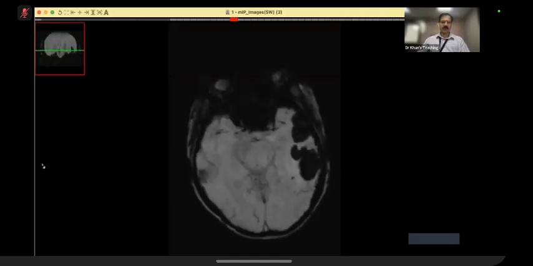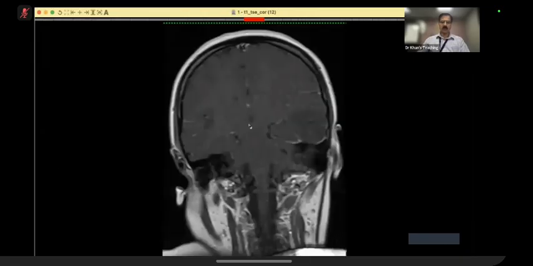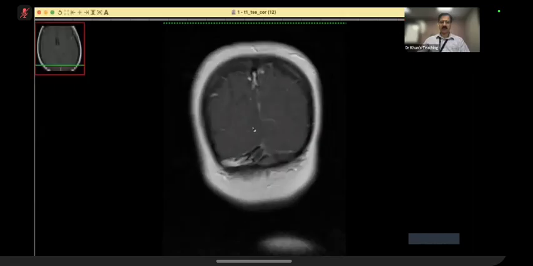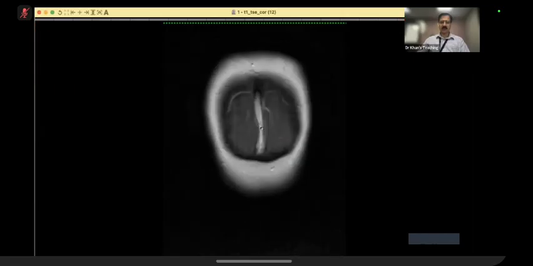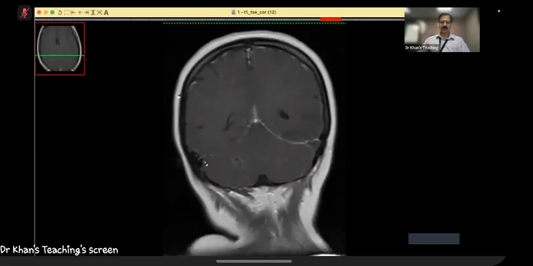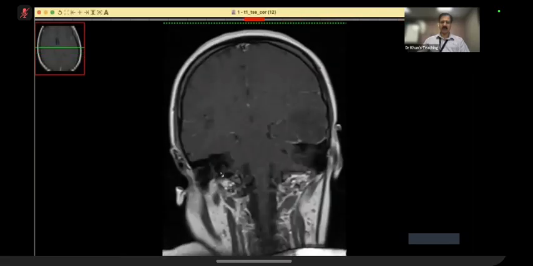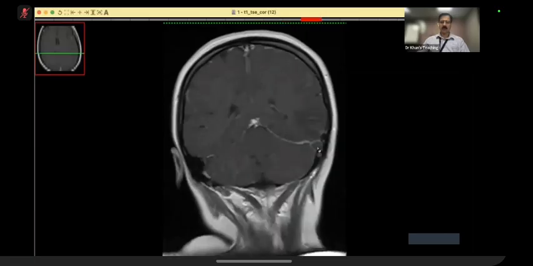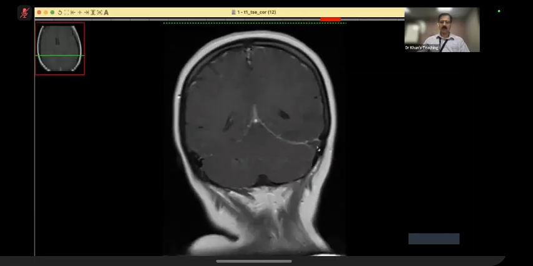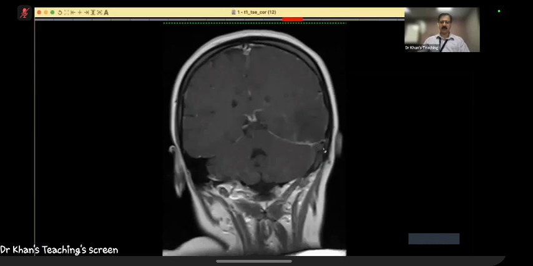And on this one, again, you can see this filling defect. This is the sinus on the right side. Either it will be a filling defect or it will be flow. Here you can see that something is clotted inside.